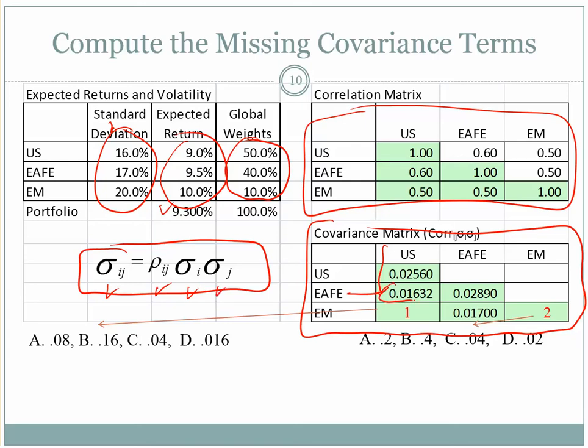So this number right here would be the correlation between the two, US and IFA, times the US standard deviation times the IFA standard deviation. So we can complete this covariance matrix by filling in the other terms. The covariance between US and EMA will be the correlation between US and EMA times the standard deviation of US and EMA.